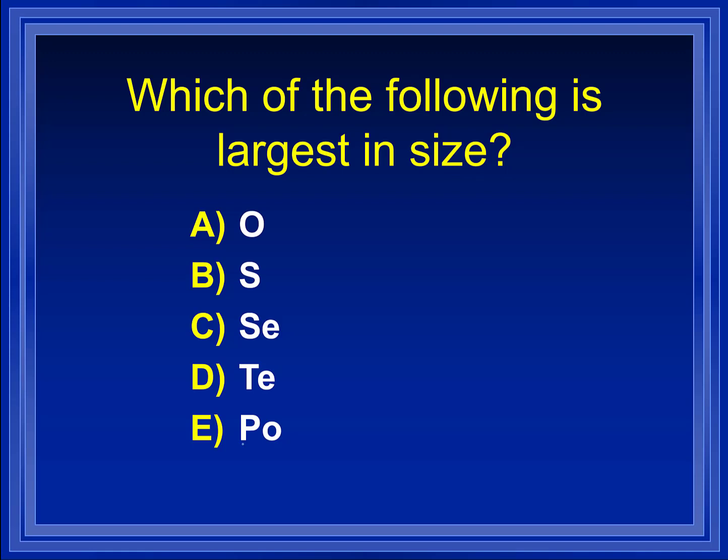It's a group trend. So as you go down, the atomic radius gets bigger. Okay? Because it's got more energy levels. Which of these is largest in size? Once you find the third one, you'll realize what the pattern is.